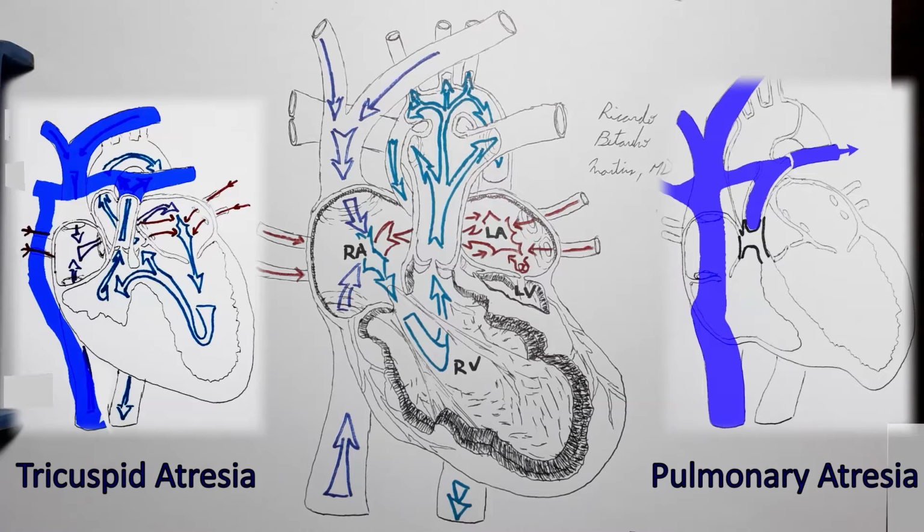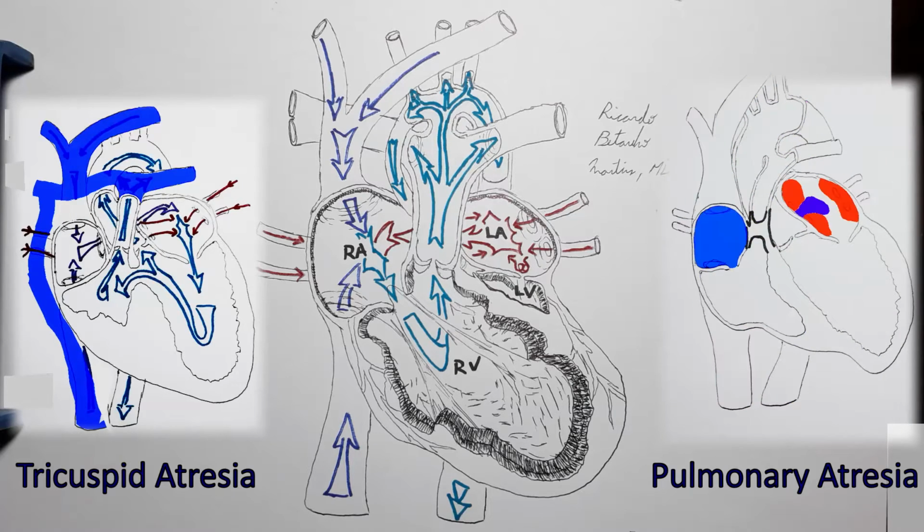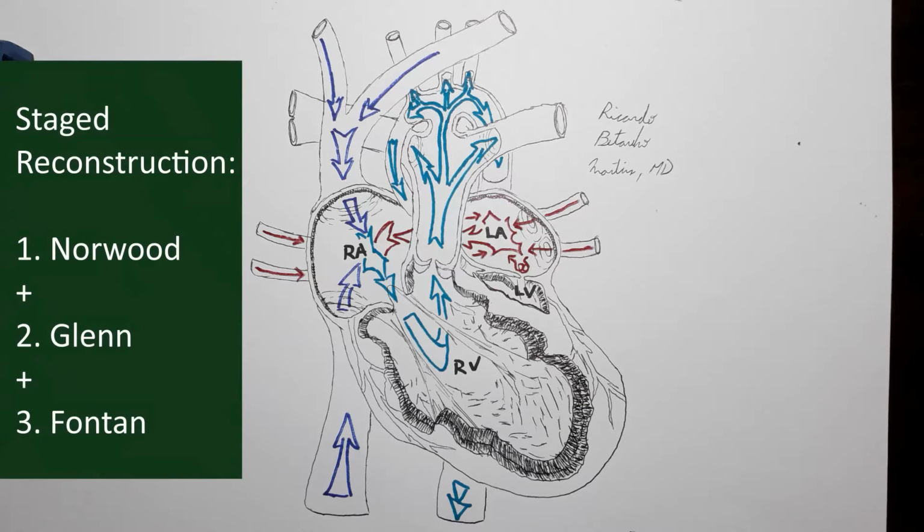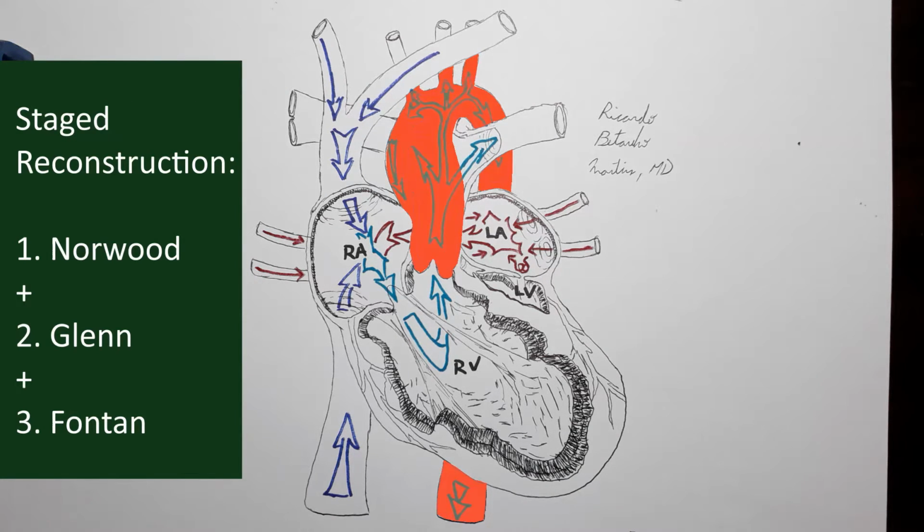So we only have one ventricle and we want this ventricle to be pumping into the systemic circulation. Accordingly, the first procedure, the first stage of this staged reconstruction, the Norwood procedure, will form a neo-aorta from the root of the pulmonary trunk and the original hypoplastic ascending aorta.